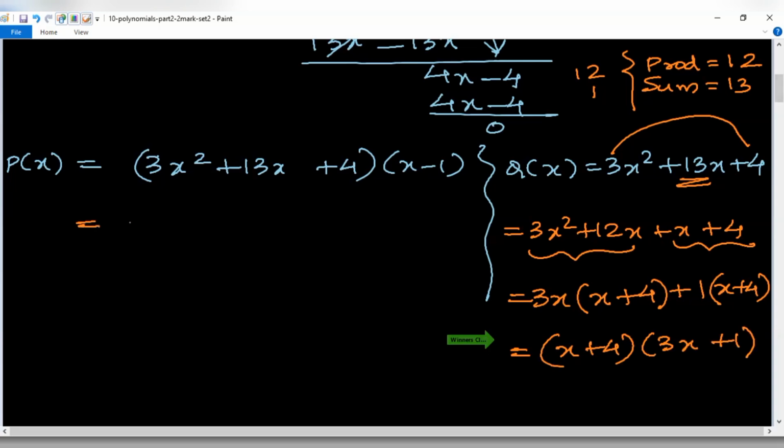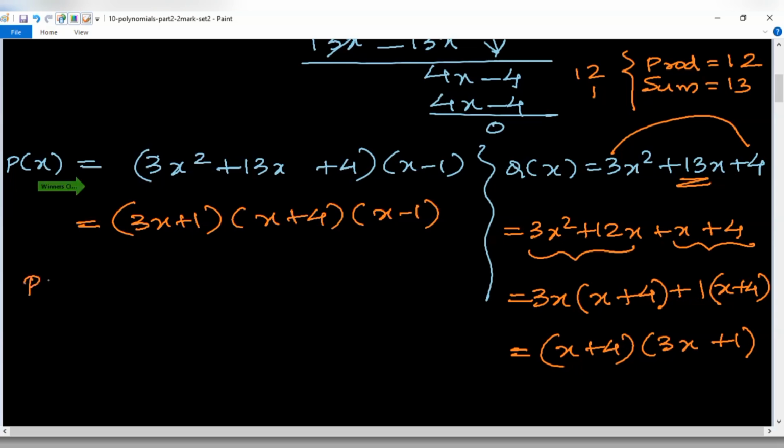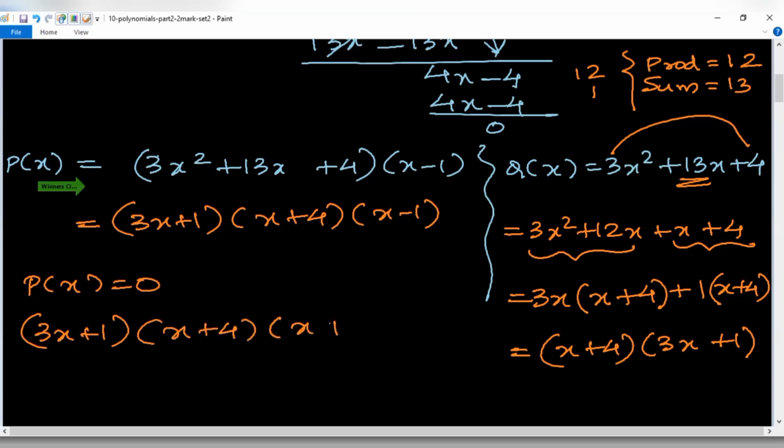So we can write p of x as 3x plus 1 into x plus 4 into x minus 1. In order to get the zeros of p of x, we have to give p of x equal to 0. That means 3x plus 1 into x plus 4 into x minus 1 equal to 0.